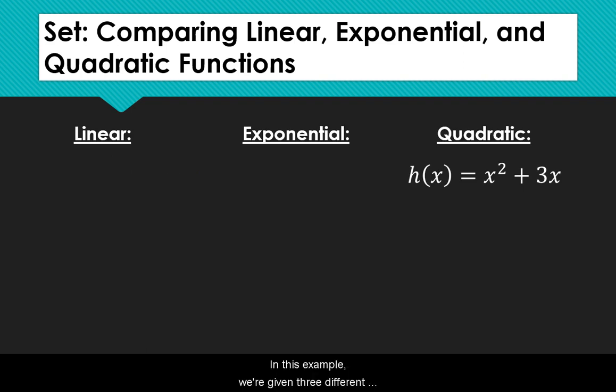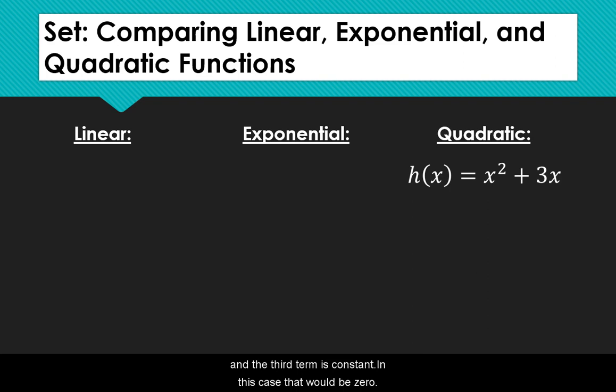In this example, we're given 3 different equations, asked to identify whether each one is quadratic, linear, or exponential, and then we're given a value for x to substitute into each of the equations to determine which has the greatest value. We can see that the first equation or function is quadratic because the first term is exponential, the second term is linear, and the third term is constant.